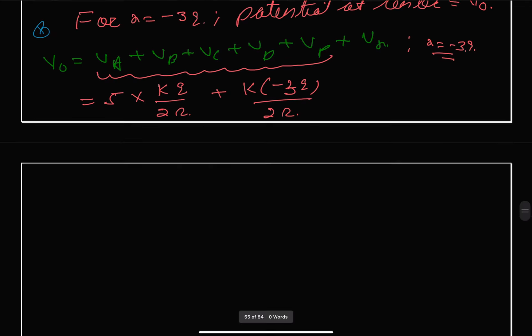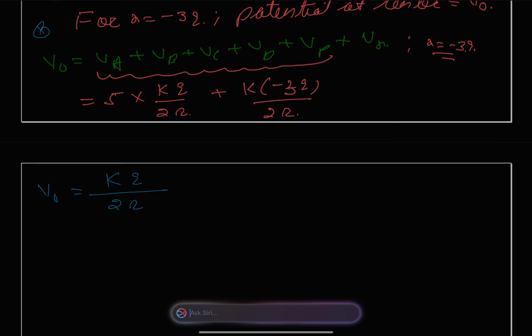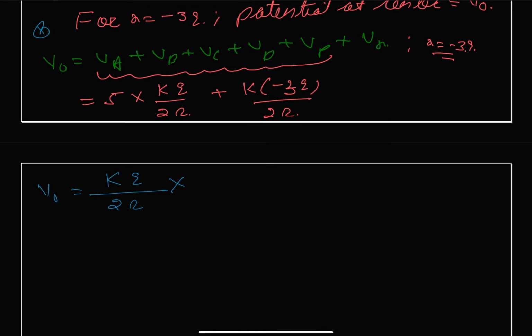So we can write this as V naught. We can take kq upon 2r as common. This comes as 5 minus 3 and it will be equal to 2. So here 2 and 2 cancel out, and we can just substitute the value of k, which comes as 1 upon 4 pi epsilon naught.